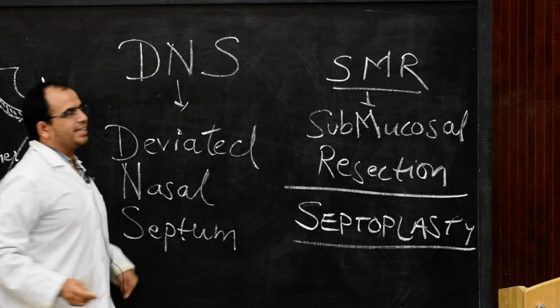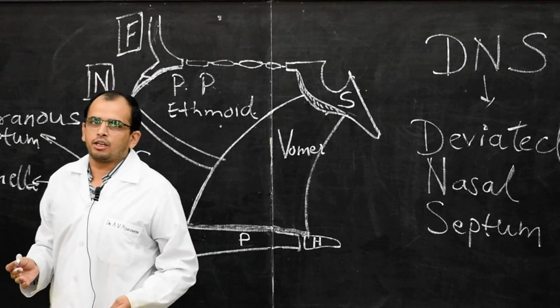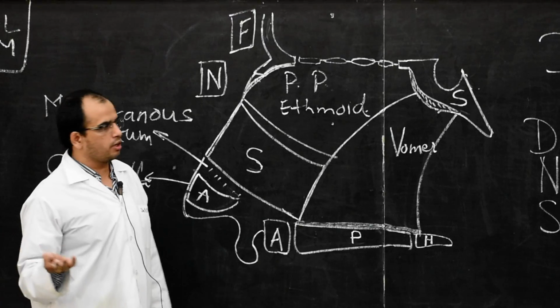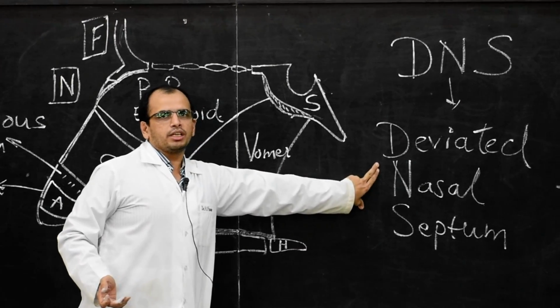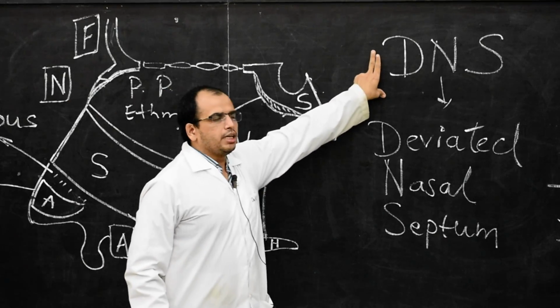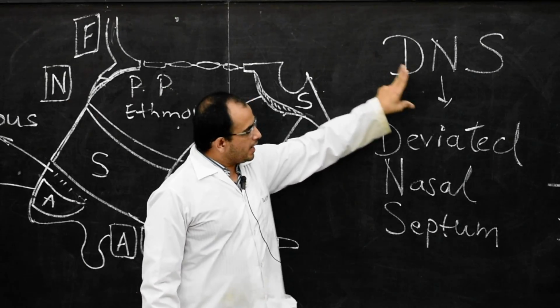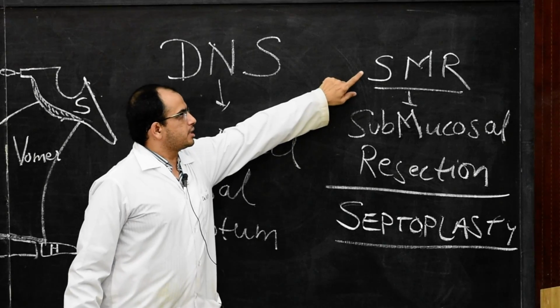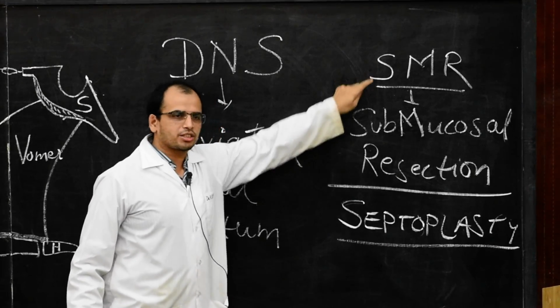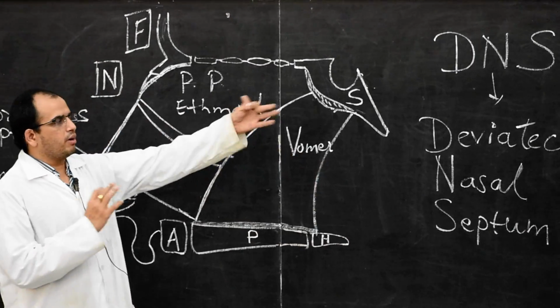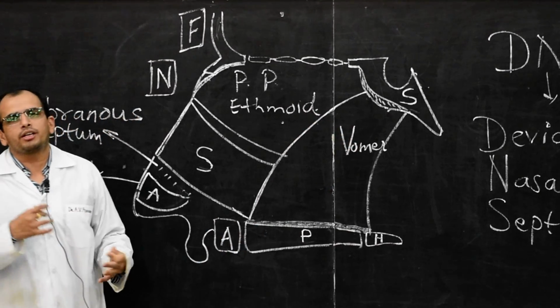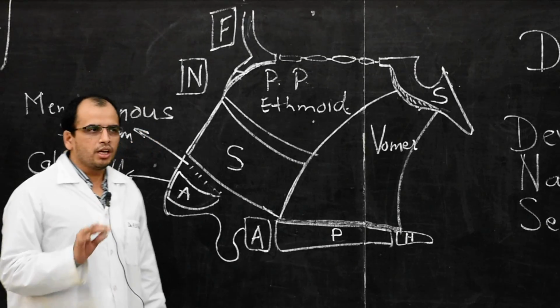No need to go into the details of this procedure, you will learn that when you learn ENT in your third year, but the very important applied aspect related to the nasal septum is the deviated nasal septum, and its treatment by submucosal resection and septoplasty. This can be asked as one-liners or in MCQs or even in table vivas. So you should remember it.